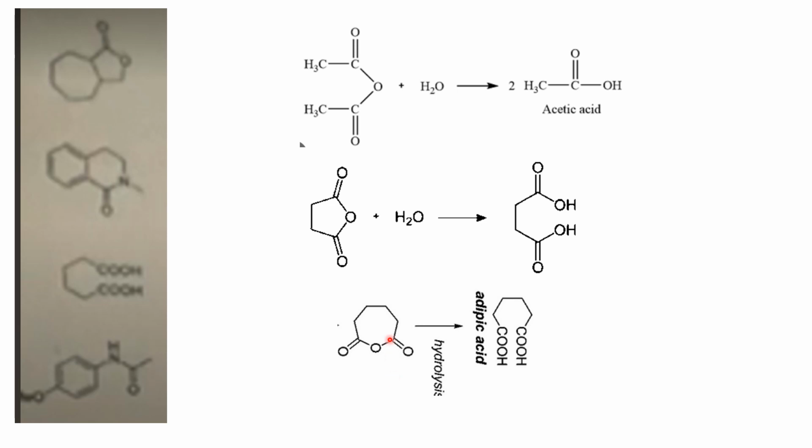Now, since this is a 6 carbon structure, yung starting carboxylic acid mo should, or anhydride, should look like this. How many carbons are there? 1, 2, 3, 4, 5, 6 carbon. So that with hydrolysis, there will be opening of the ring structure. Ito yung magiging product, which is similar to this one.